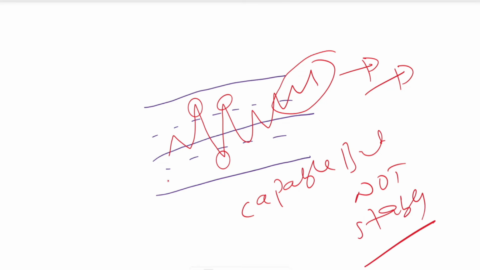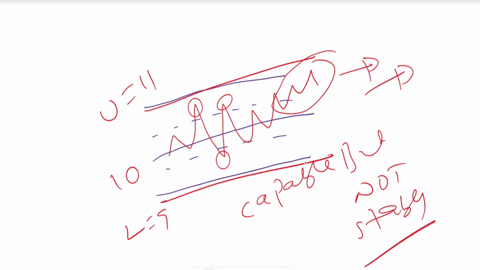Why are we calling it capable? It is within the specification limits: upper is 11, lower is 9, target is 10. But it is crossing the control limits. That's why we are calling it a capable process but not a stable process.